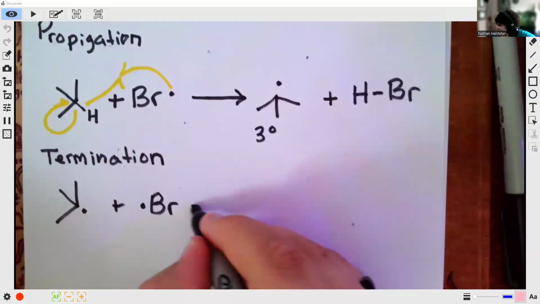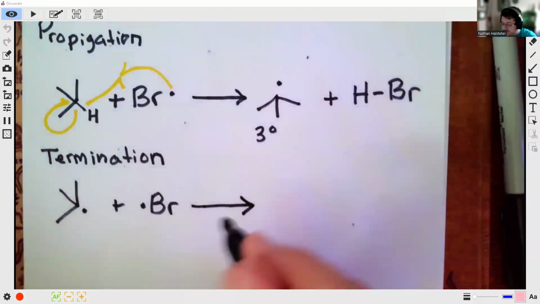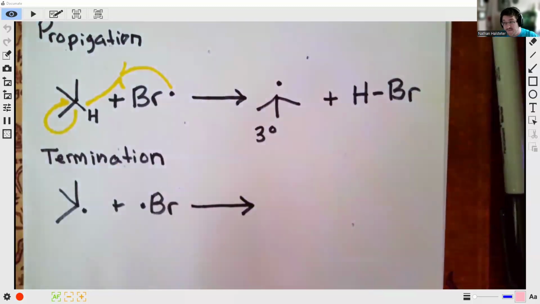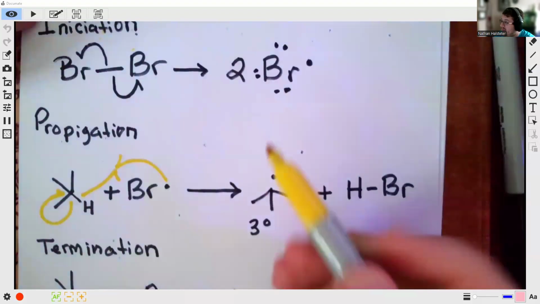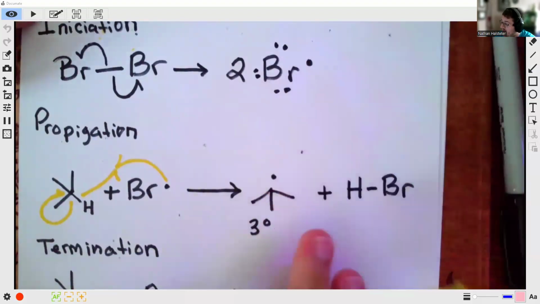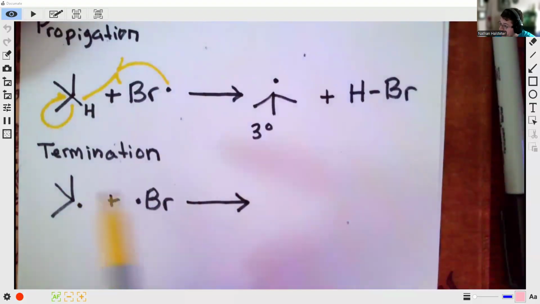So now it's already abstracted its proton. The other thing the radical wants to do is couple with another radical. Now we generated this carbon radical. Our other equivalent, because we did form 2 equivalents of our bromine radical, can come and couple with this guy.